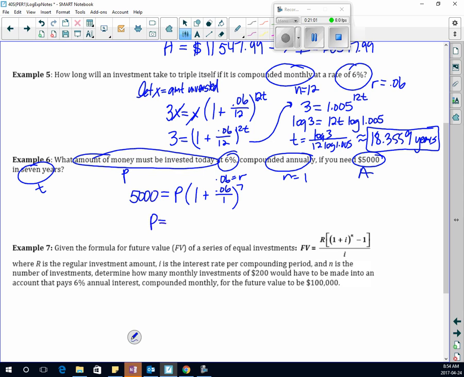So P would be 5,000 divided by 1.06 to the power 7. So approximately $3,325.29. Is that what you got?